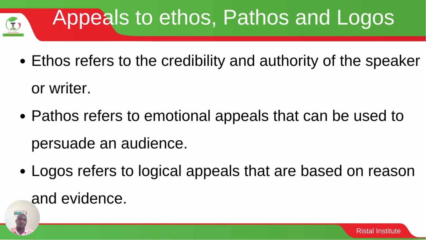With pathos, it refers to your ability to appeal to people's emotions to persuade them to your point of view. And then logos is concerned with ensuring that the reasons that you give are logical. So you appeal to people's logic.